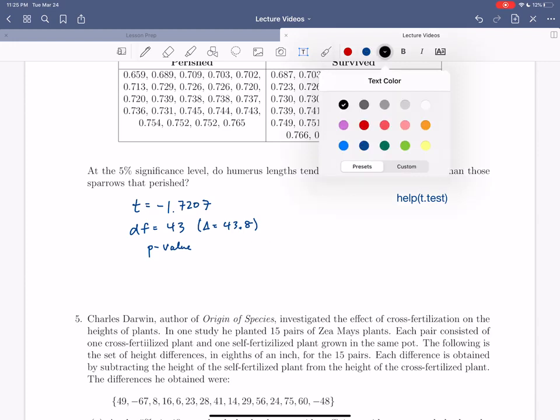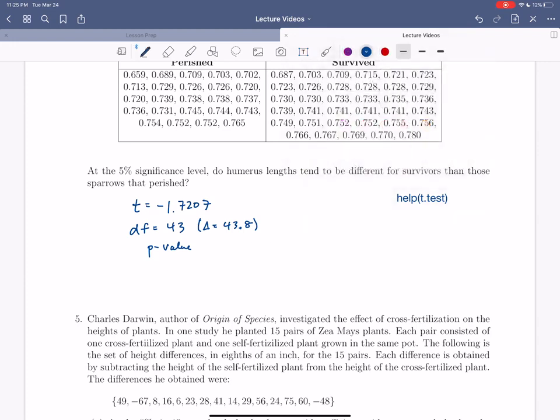Go ahead and look up that documentation. That'll be magic. That'll really tell us everything that we need. Okay, so help t.test gives us everything. Turns out our p-value is 0.09236, so 0.0924.